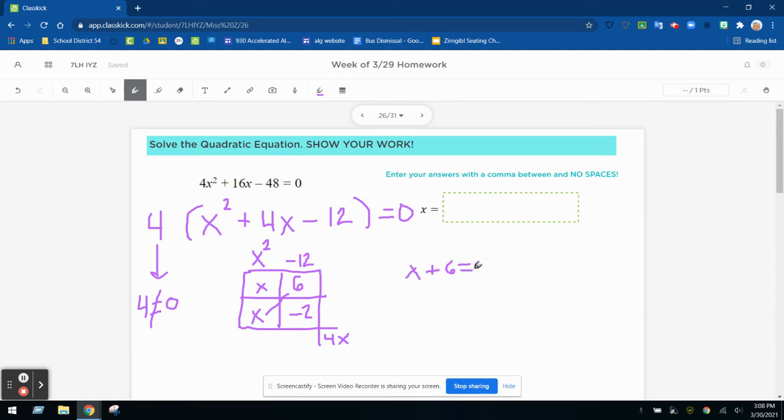Set it equal to 0. Solve. Subtract 6. x equals negative 6. My second factor, x minus 2. Set it equal to 0. Add 2. x equals 2. So we have negative 6 and 2.